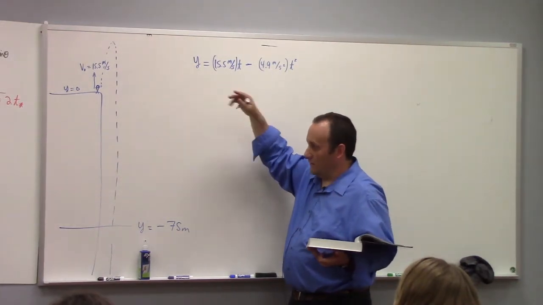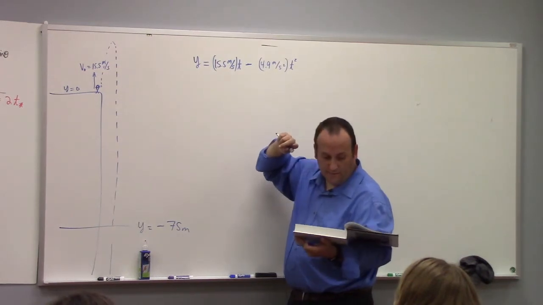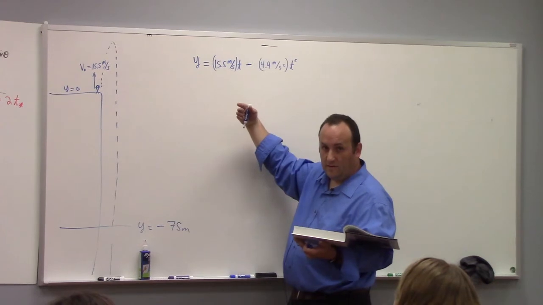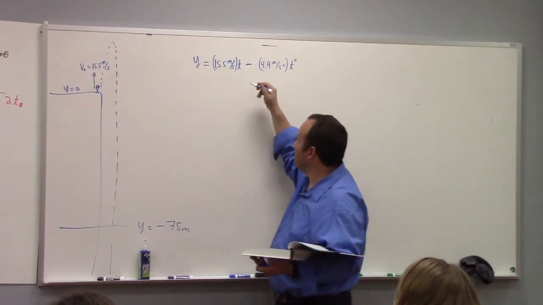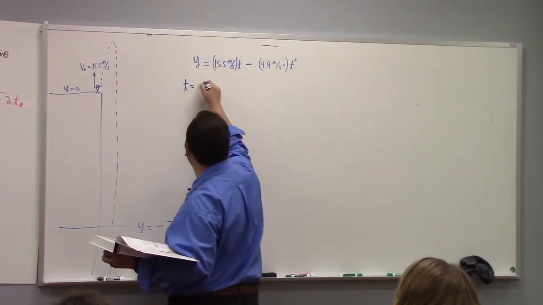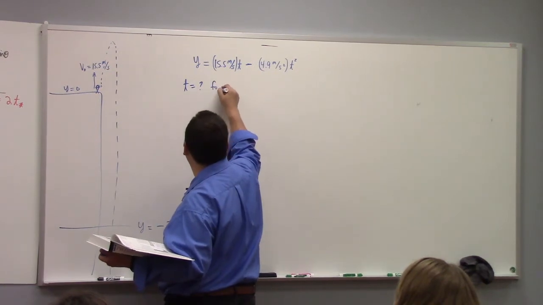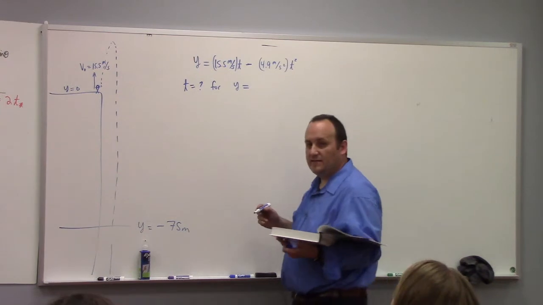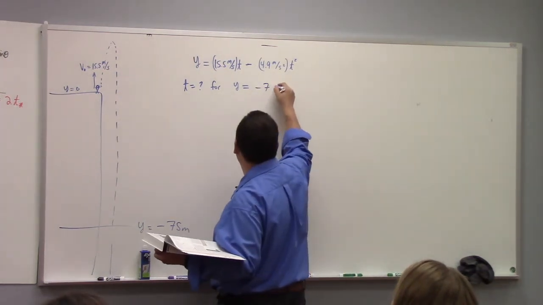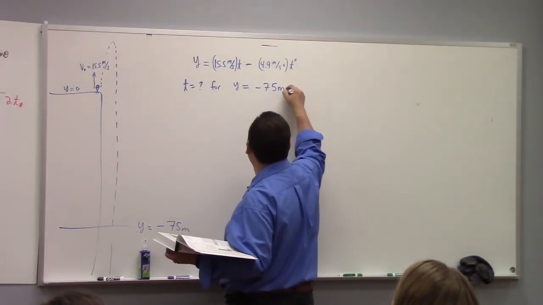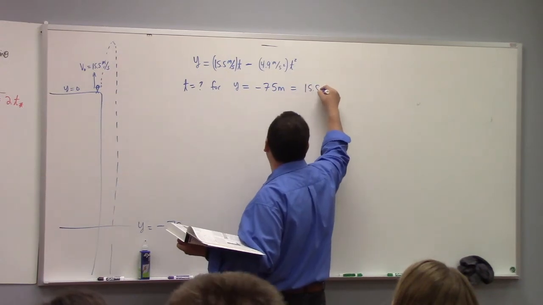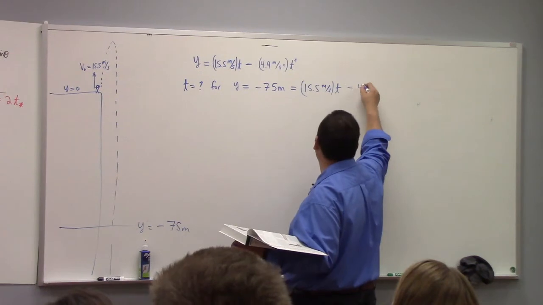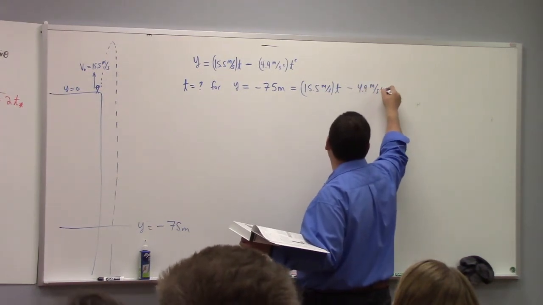And so to figure out part A, how much later does it reach the bottom of the cliff, we're asking the question, t equals what for y equals what? What's the bottom of the cliff? Well, negative 75, right? So I'm trying to solve negative 75 meters equals 15.5 meters per second times time minus 4.9 meters per second squared times time squared.